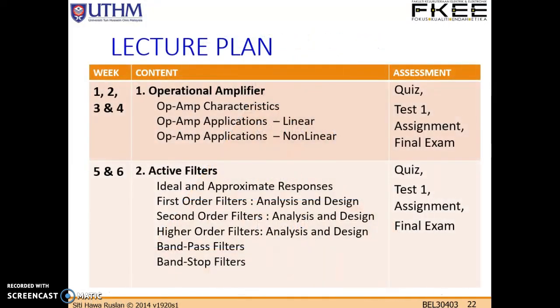Okay, and for this course, we have only 5 topics. The first one is operational amplifier, which will take about 4 weeks. And then active filter, 2 weeks. You'll be assessed through quizzes, assignment and test 1 for these 2 topics.